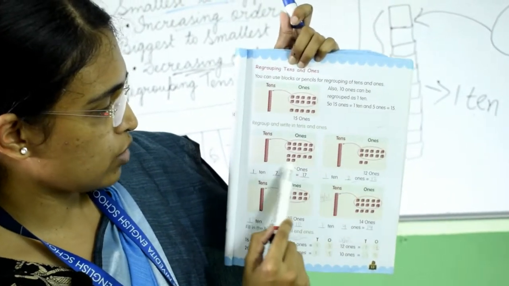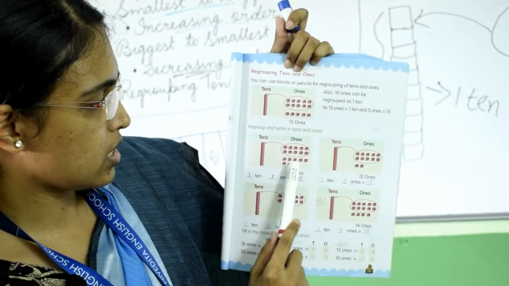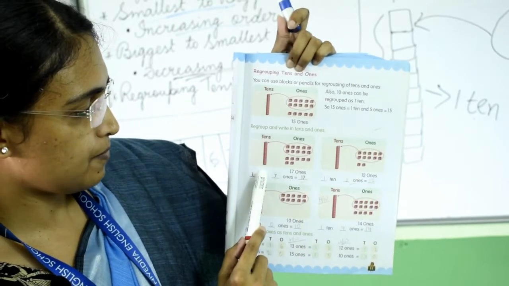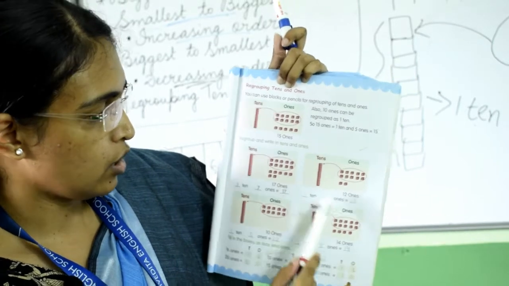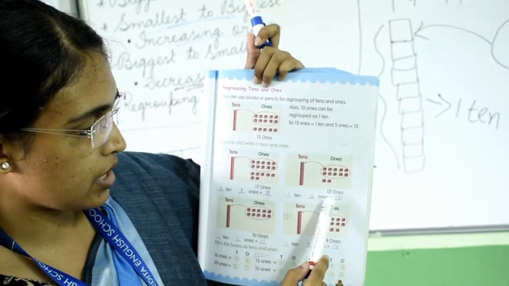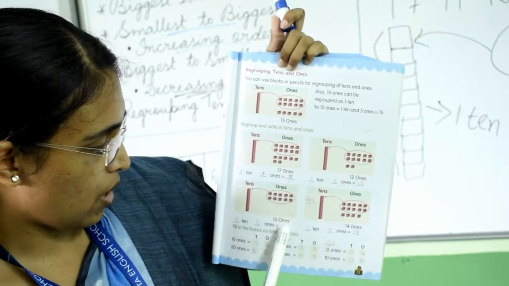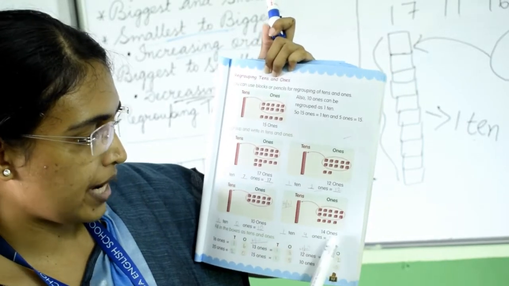Then how many blocks do we have in our hand? 1 2 3 4 5 6 7. So 7 ones we have. That means 1 ten and 7 ones equals 17. 1 ten and 2 ones make 12. 1 ten and 0 ones makes 10. 1 ten and 4 ones makes 14.